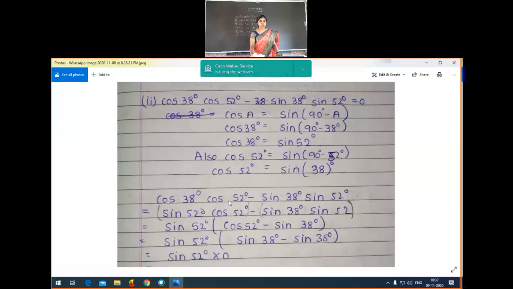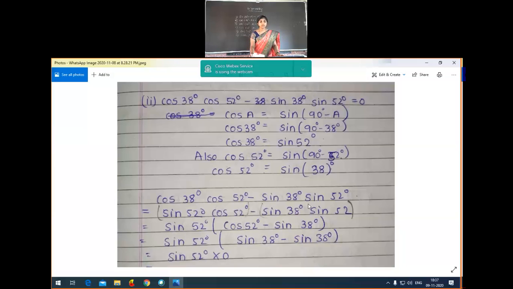Now cos 38 and cos 52, just now we got the result. Now cos 38 is replaced as sin 52, then cos 52 value replaced as sin 38, and minus sin 38 into sin 52 the same.